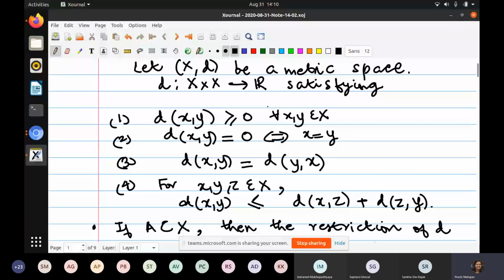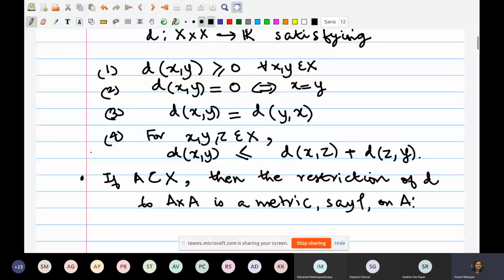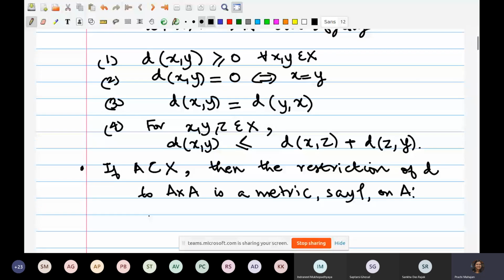And now I want to consider the restriction of D to A cross A. I am giving it a name, I am calling it rho. So rho is a real valued function. The domain is the product space A cross A, and the codomain is the set of real numbers. How do we define this?